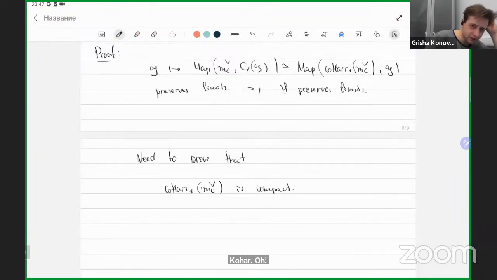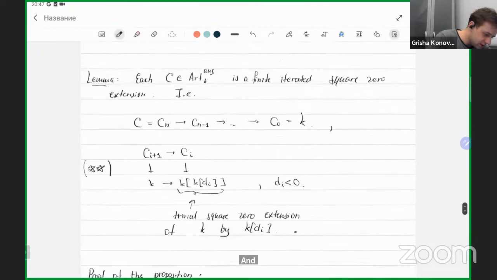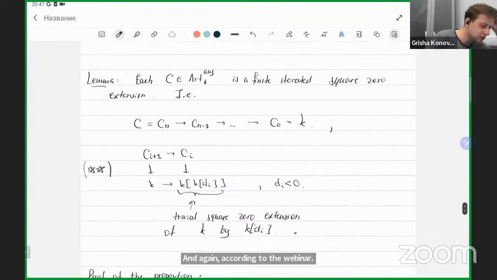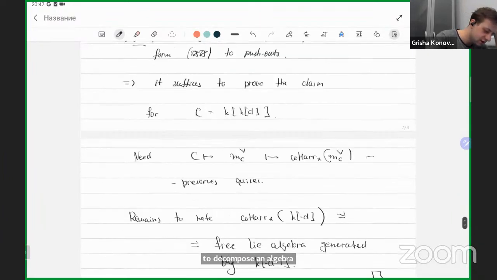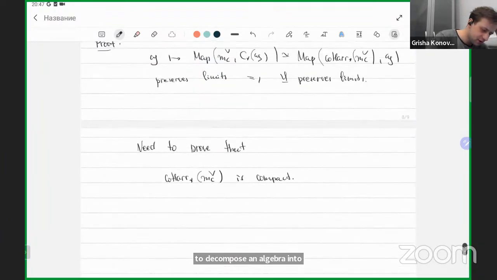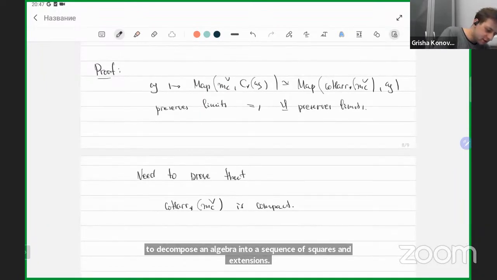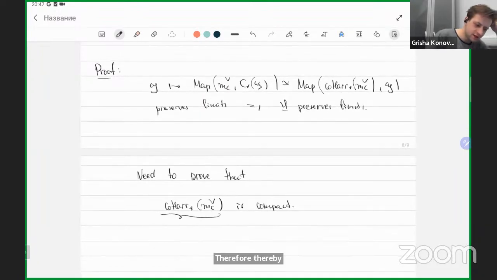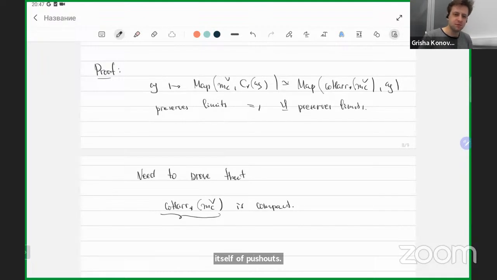And again, according to the lemma, this lemma, which allows us to decompose an Artinian algebra into a sequence of square zero extensions, thereby writing this Cohar as a finite sequence of push-outs along some simple maps between simple objects.